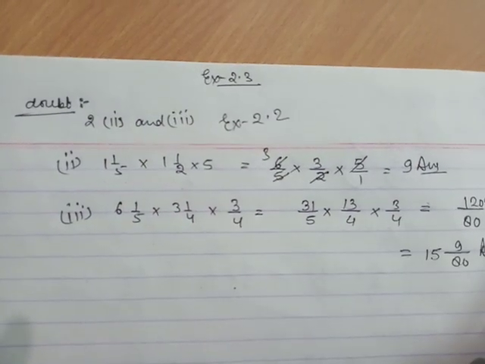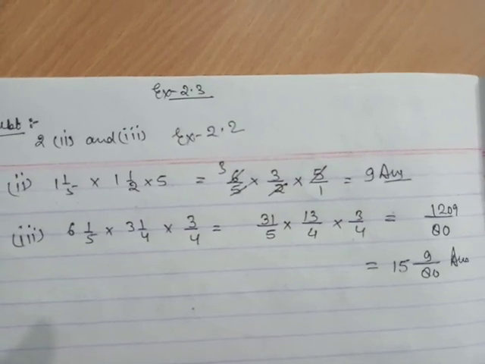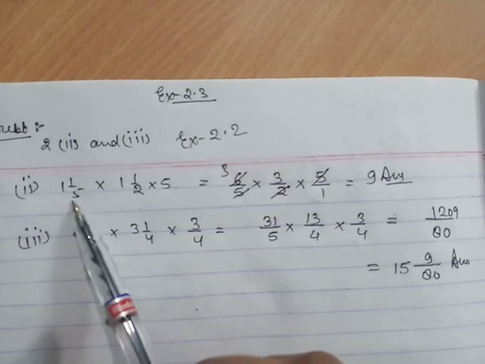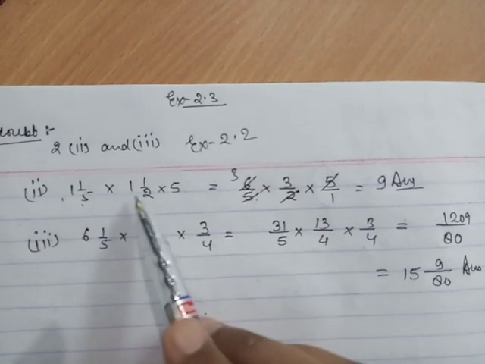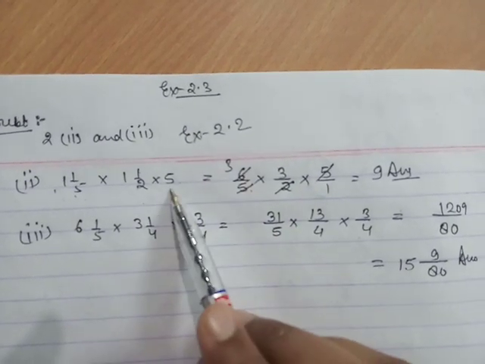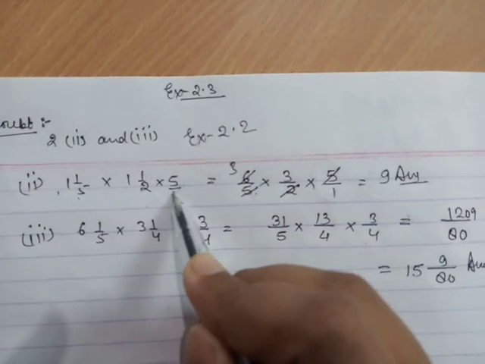So what we will do, we will just convert these mixed fractions into improper fractions. 5 ones are 5 plus 1, 6 by 5, here it is. 2 ones are 2 plus 1, 3 by 2, here it is. And 5 is here, it has no denominator, we will consider 1 as a denominator.